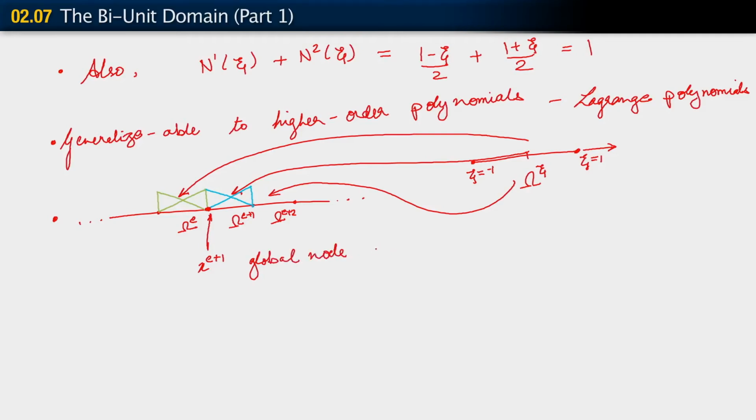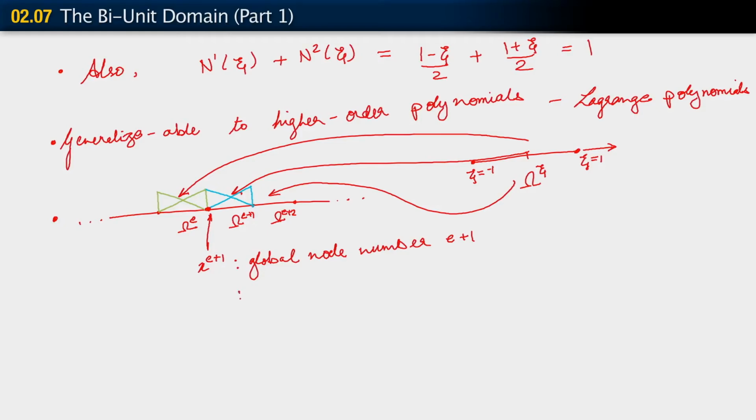Okay, and in fact it has global node number e plus 1, right? If you were to look at that same nodal point in the context of element E, okay, you would call it local node number 2 for element E, okay?